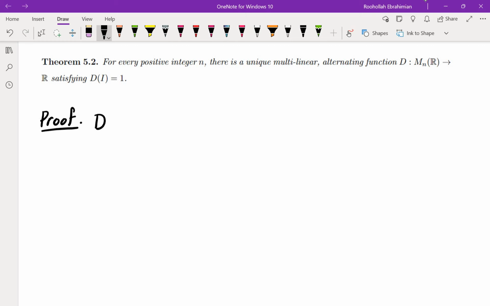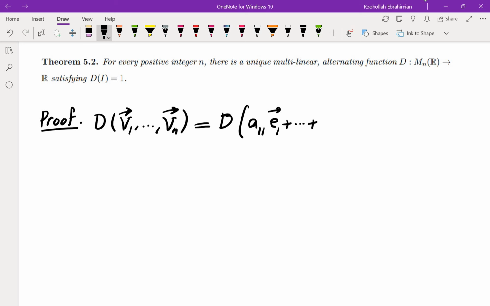So we're going to start with d of v1 through vn, and we're going to see how it would have to look. We are going to look at the matrix, and we're going to write down all the rows in terms of e1 through en. So the first one would be d of a11 e1 plus all the way to a1n en.